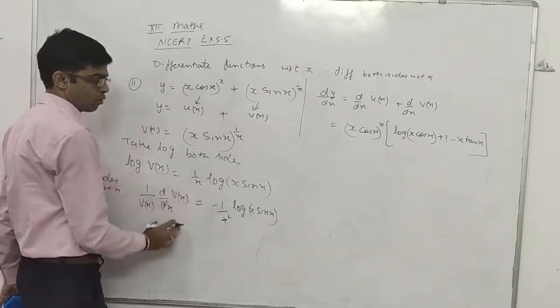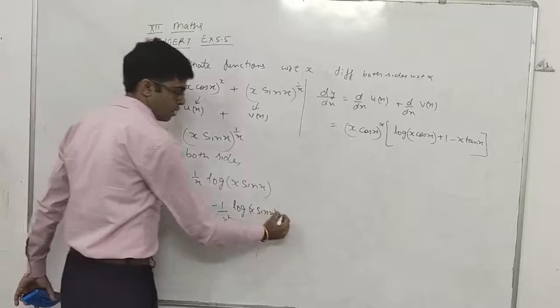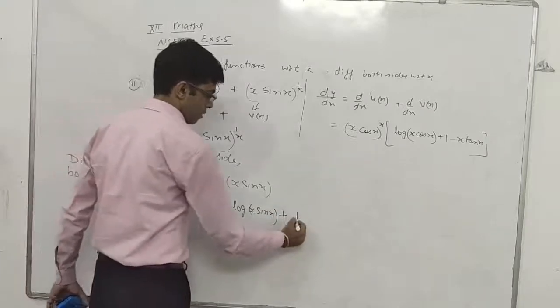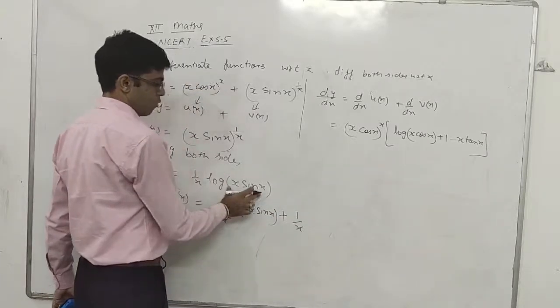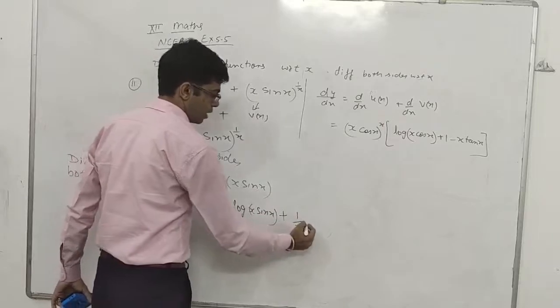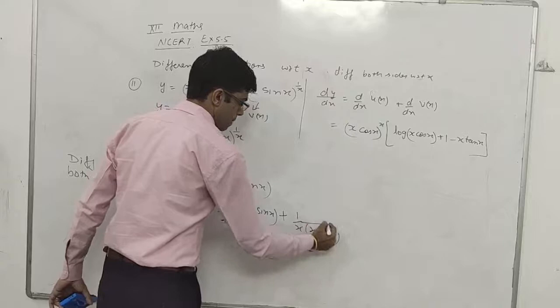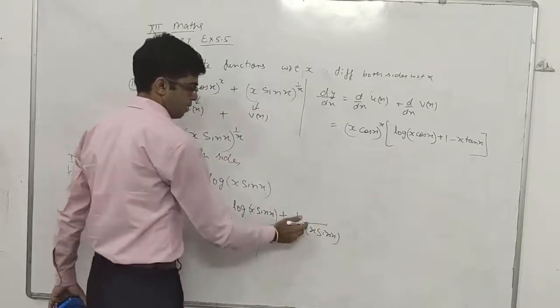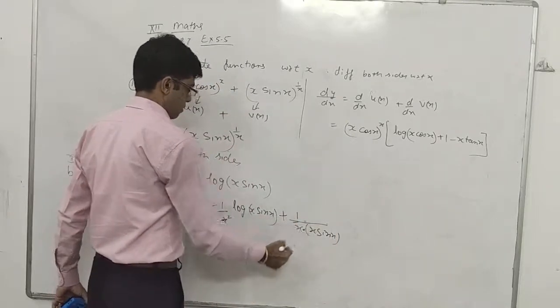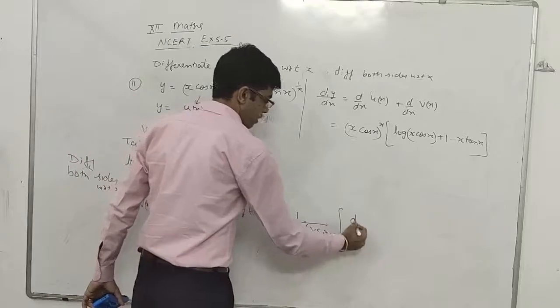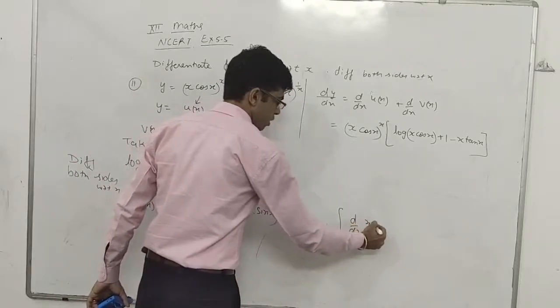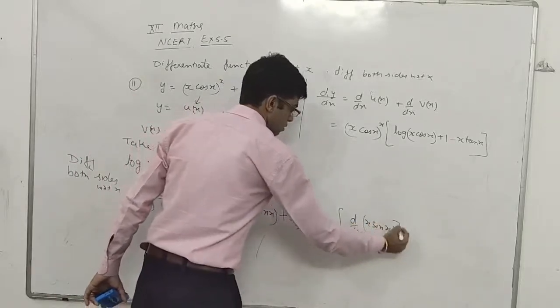We are using product rule in these two. Now plus 1 by x same. Now log of this will go in the denominator, and dy by dx of x sin x.